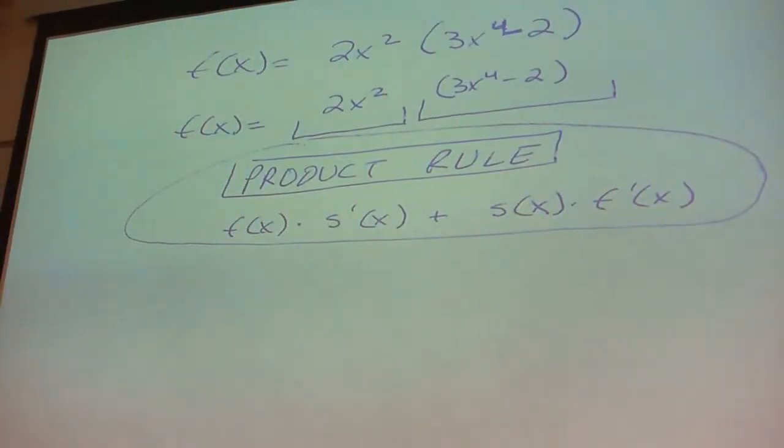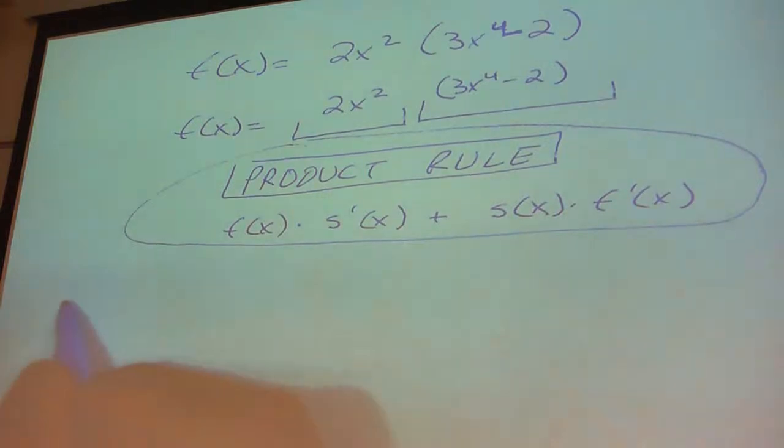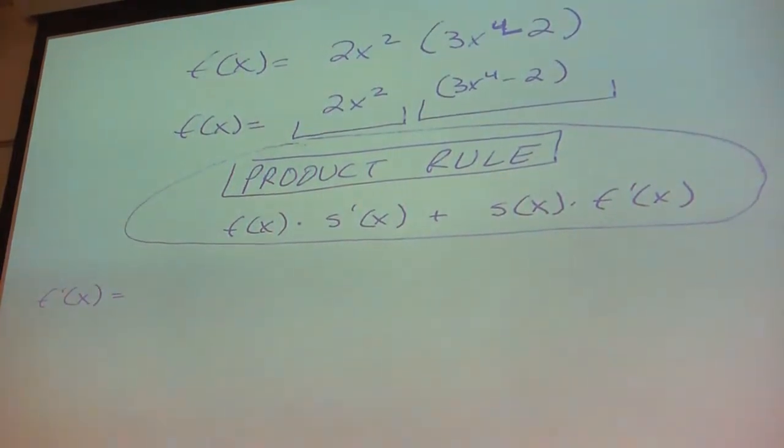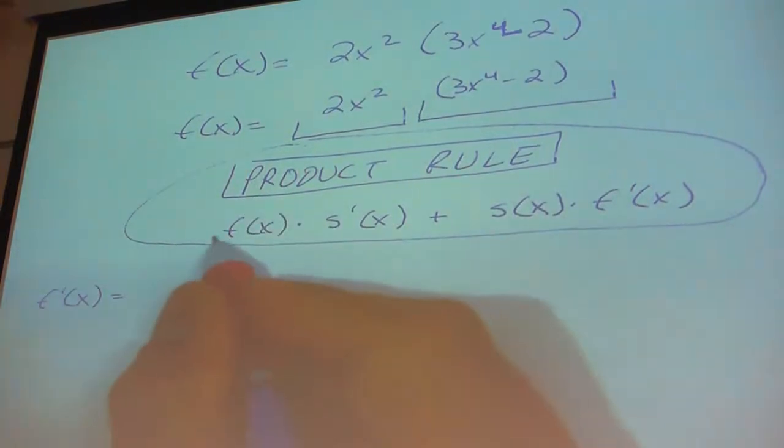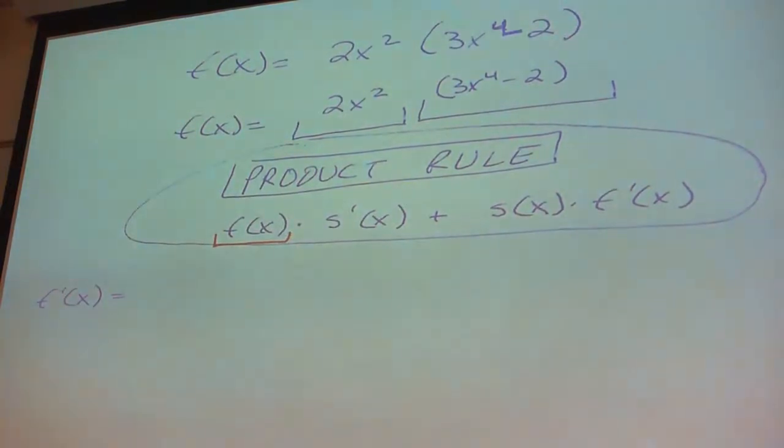This is what we found. So I'm going to go nice and slowly. Stop me if you have any questions. Okay? So, to take the derivative, let's go nice and slowly. What does this f of x tell me to do? It's the original first one.